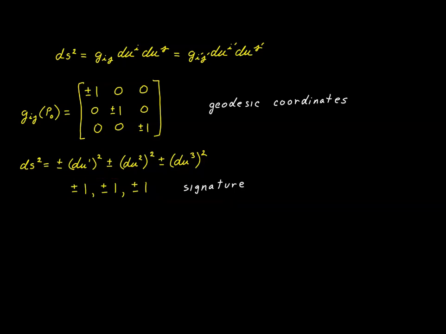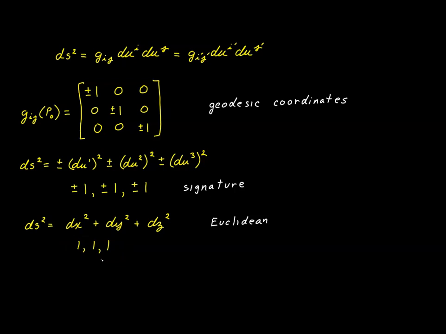Well, this concept gives us a way to formally define Euclidean space. Euclidean space consists of a constant metric tensor and a signature of all positive ones, as illustrated here. This brings us to the second property of a Riemannian manifold.